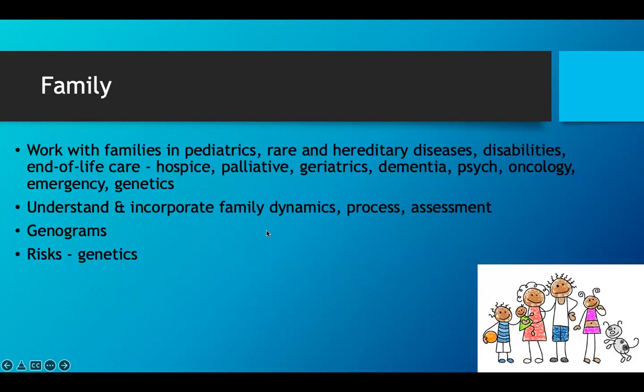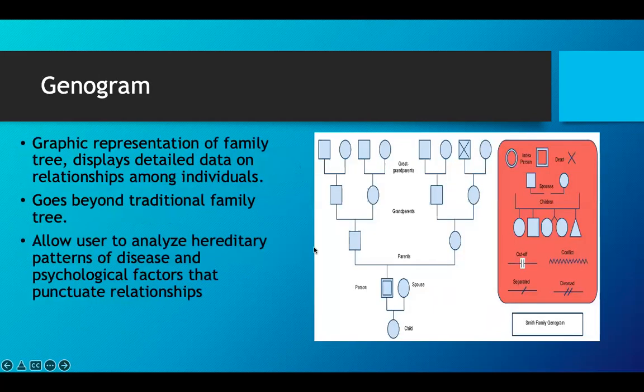So in terms of understanding the family, another huge thing we want to really work on in primary care is thinking about genetics and genograms. And what is a genogram? A genogram is basically a specialized drawing that we create in practice that represents the family tree of the patient.